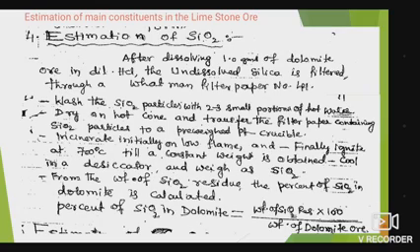Estimation of SiO2: after dissolving 1 gram of the dolomite ore in dilute HCl, the undissolved silica is filtered through a Whatman filter paper number 41. Wash the SiO2 particles 2-3 times with portions of water.